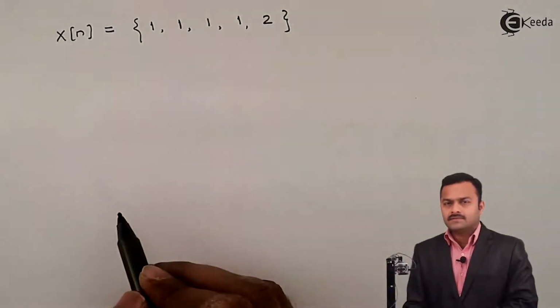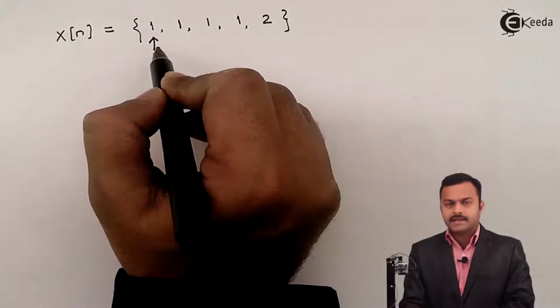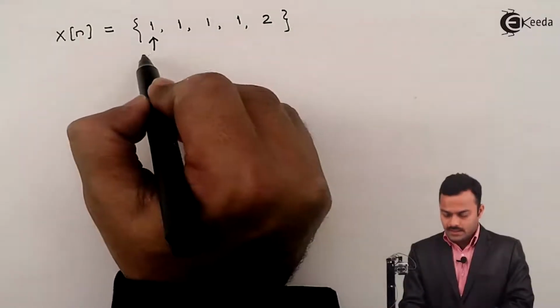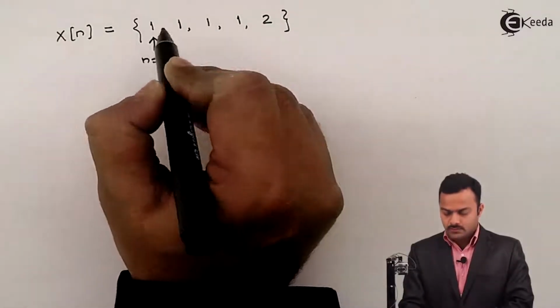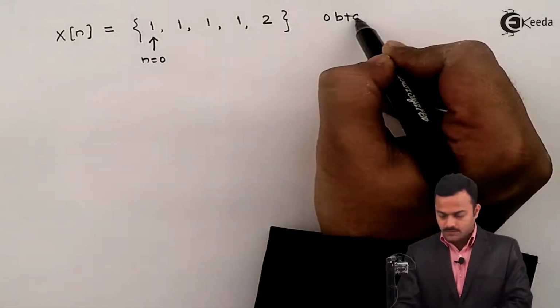Any random sequence we have taken, and this arrow indicates the origin, that means the n equal to 0 position, and for this we have to obtain the even and odd parts.